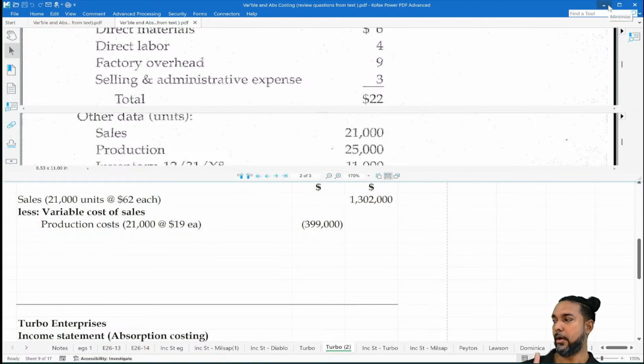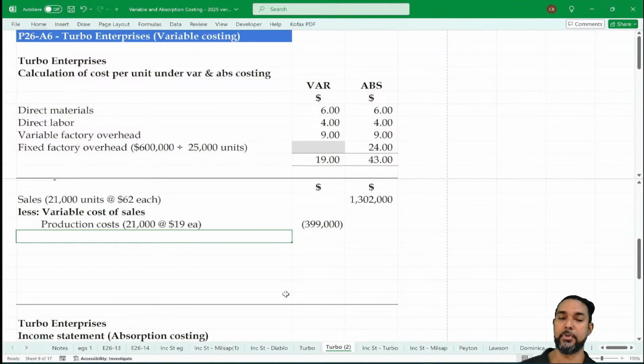Now, I know I just said that we're not going to attach the selling and admin to the cost per unit. And that's not what we're doing here. What we are doing is subtracting all our variable costs first to give us something called the contribution, which is this income statement's version of gross profit.